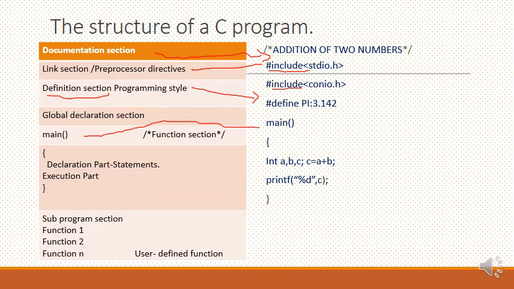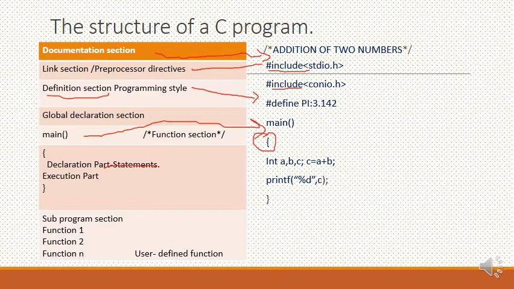Main is the place where the program begins. After main, the opening brace you have to write. It is very important. After the opening brace, you are going to declare the variables we are using in our programs. And next we are going to write the statements, and the execution part of the program, and displaying the result also you are going to write here.